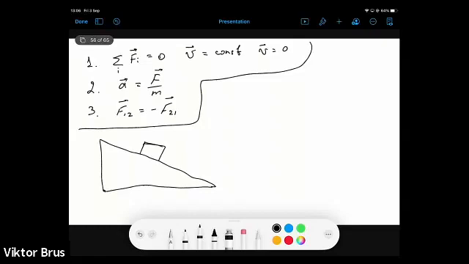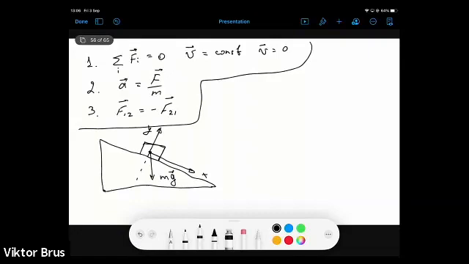So if here is some body, we have the weight of this body, mg, and it's convenient to consider axes x and y like this, perpendicular to the surface and along the surface. And now we can consider components of this weight, and also the reaction of the surface.